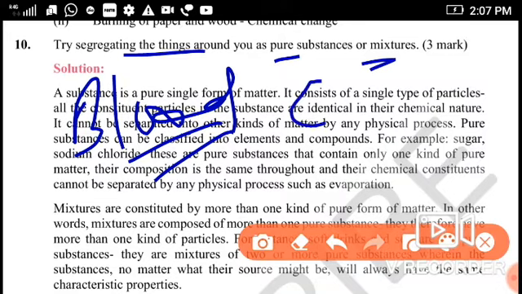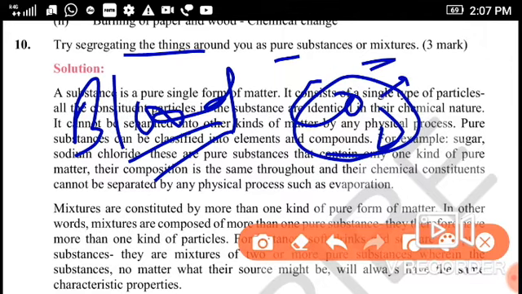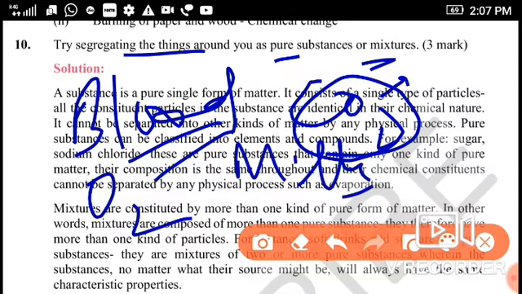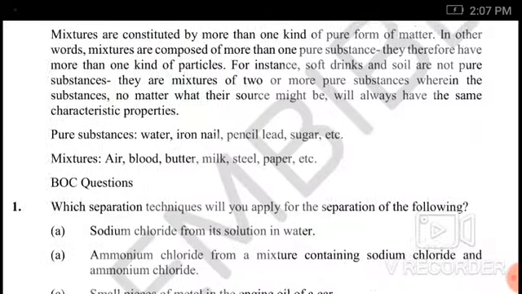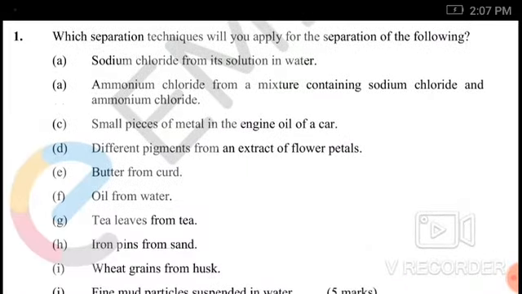Carbon dioxide is a pure substance because it is a compound, and a compound is a pure substance. Oxygen is a pure substance. Milk is not pure, it is a mixture. Iron is pure, and some examples are given here also.